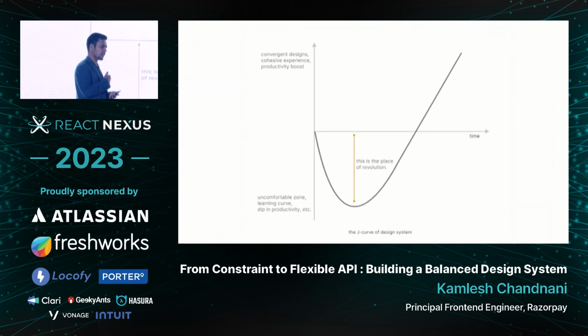And this is what I describe as a J curve for a design system. We knew that adding certain boundaries is going to hamper certain things, but we were prepared for it. So it's like a dip before the rise.